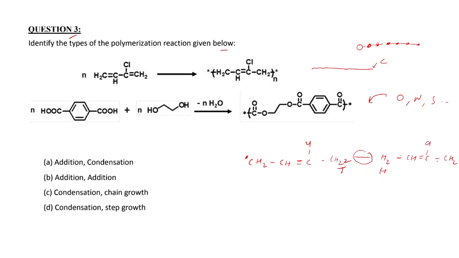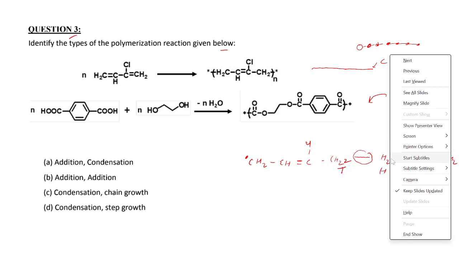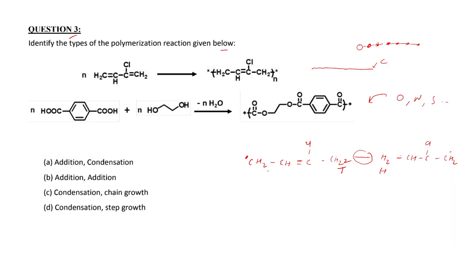So by adding these two monomers, we are getting a dimer, and we are also getting two active sites on both ends of this dimer. The reaction will continue and propagate further, and it will make a big chain of polymer.